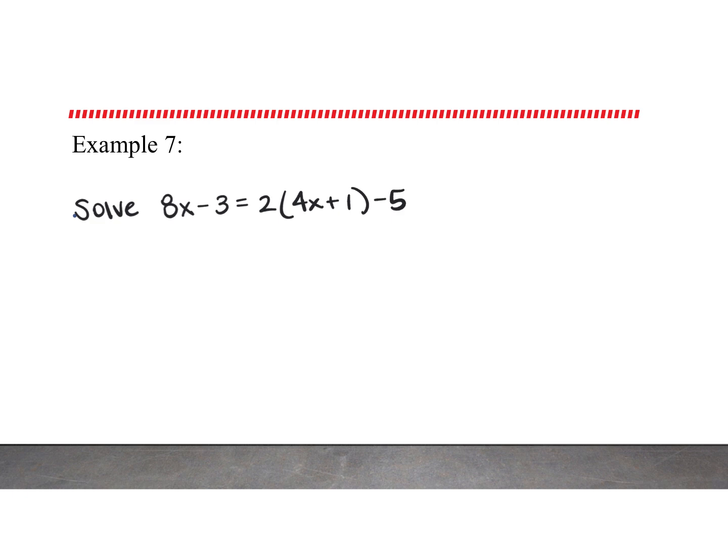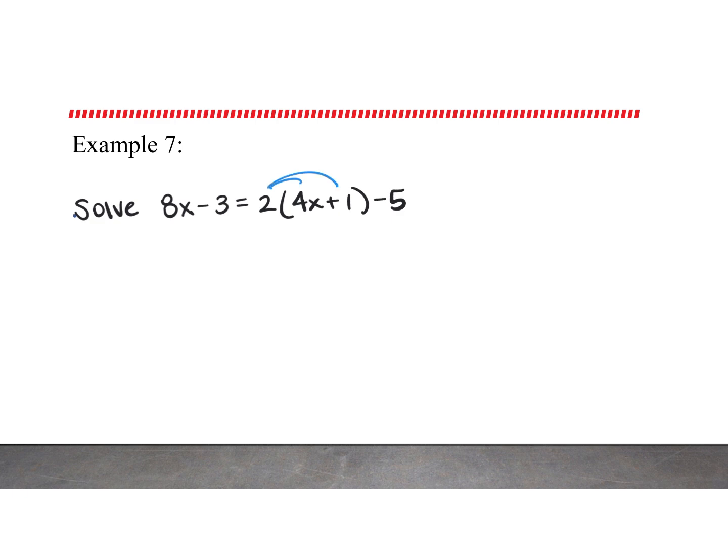Example 7. It says solve 8x minus 3 equals 2 times the 4x plus 1 minus 5. We have no fractions or decimals. So then let's look to see if there's any parentheses to clear.